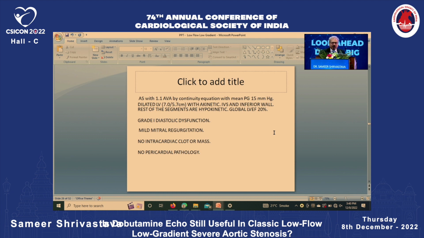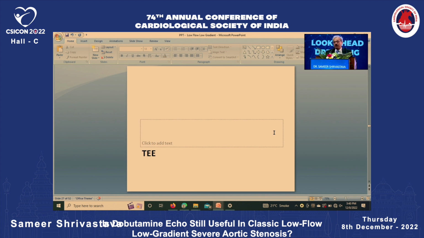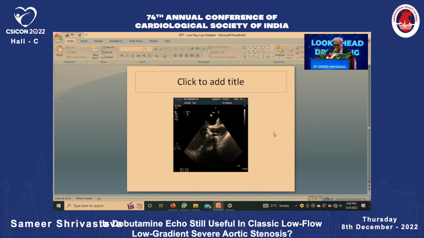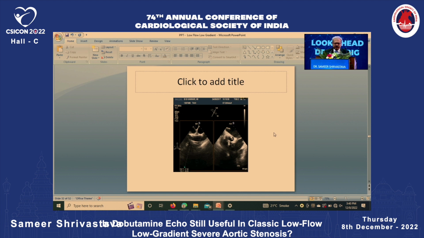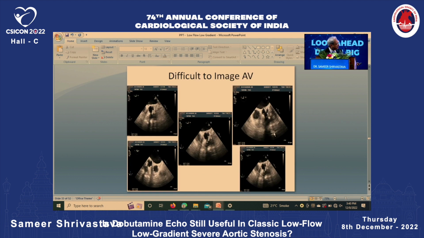Global ejection fraction. And that is the time in that heart team, we had invited the patient's relatives also, and they said, listen, regardless of whatever you can do, do it. Money is no consideration. So we took the patient for transesophageal echo, very difficult transesophageal echo, difficult imaging.